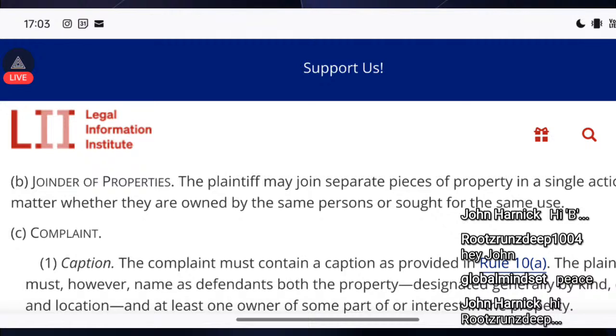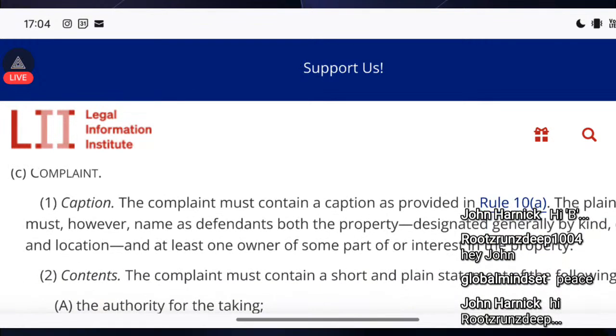Complaint. The caption. The complaint must contain a caption as provided in Rule 10(a). The plaintiff must, however, name as defendants both the property, designated generally by kind, quantity, and location.